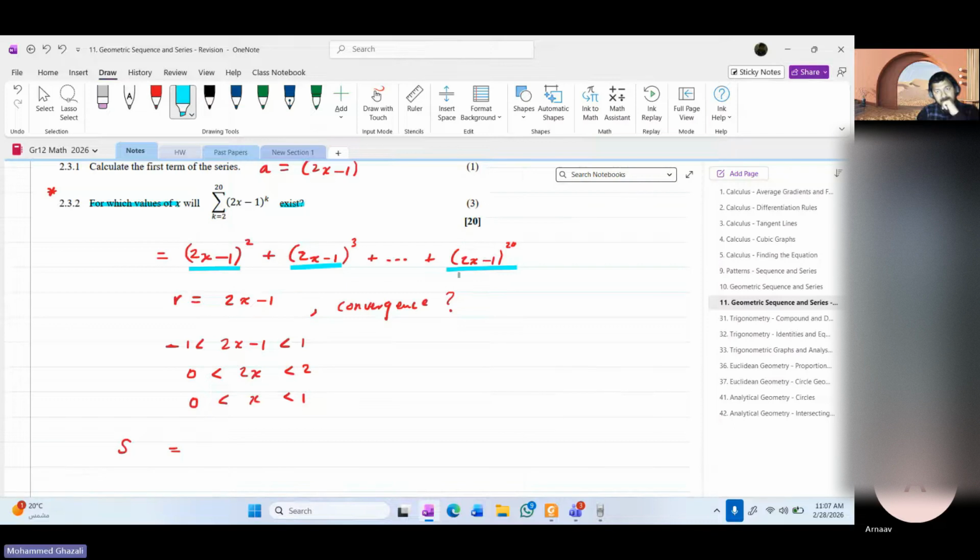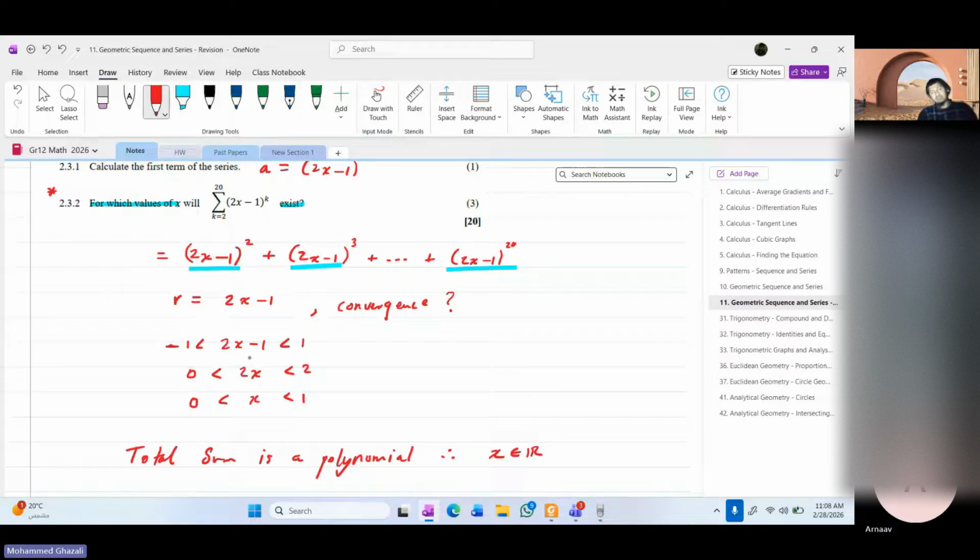Then it can be any value of x because every term is polynomial. So the total sum is a polynomial function. Therefore, x is an element of real numbers.